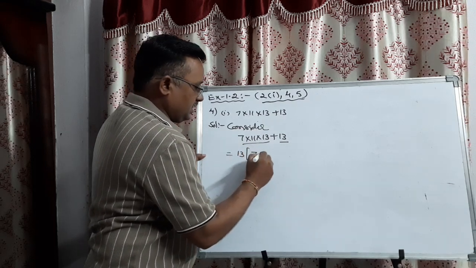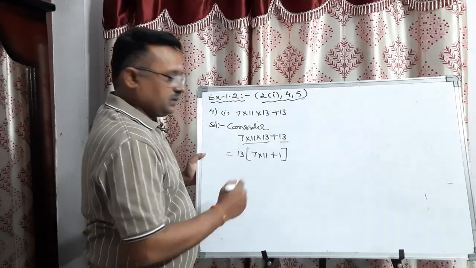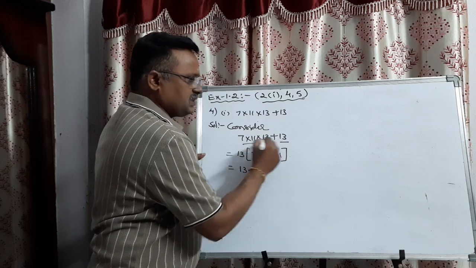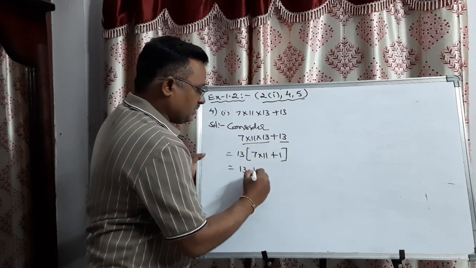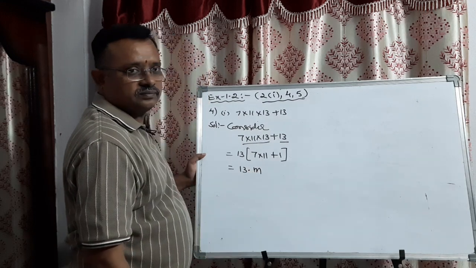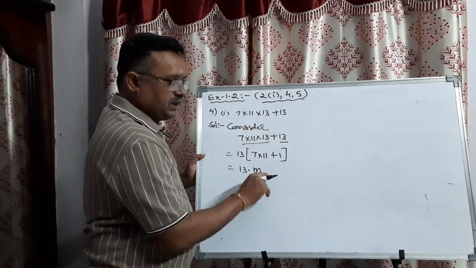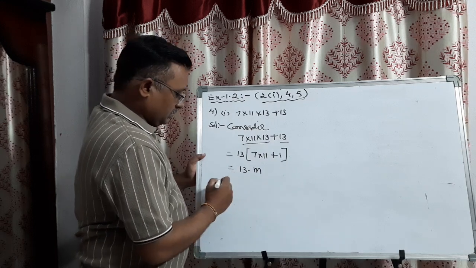Then the remaining is 7 into 11 plus 1. So I can write this as 13 into whatever this number may be. It may be a simple number or a bigger number. It will become some m. It is a multiple of 13, 13 into m.